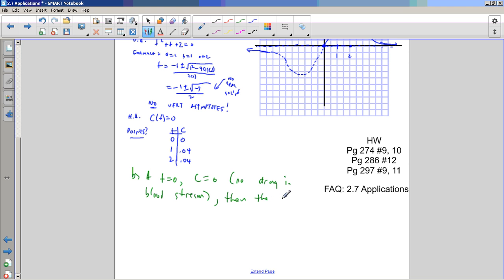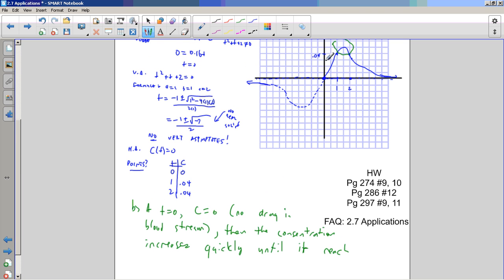Then the concentration increases quickly until it reaches a maximum. We think it reaches a maximum somewhere between 1 and 2 minutes.